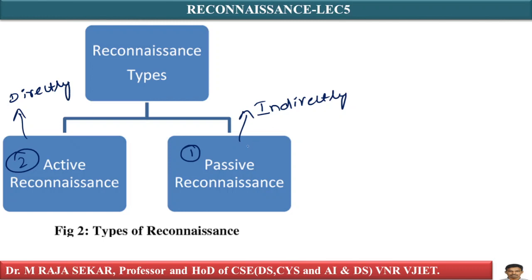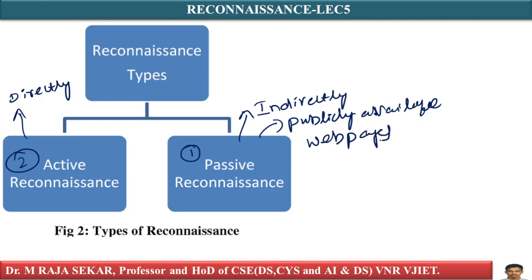Whereas collecting data that is publicly available, you can collect the data from publicly available web pages or applications. That comes under passive reconnaissance.